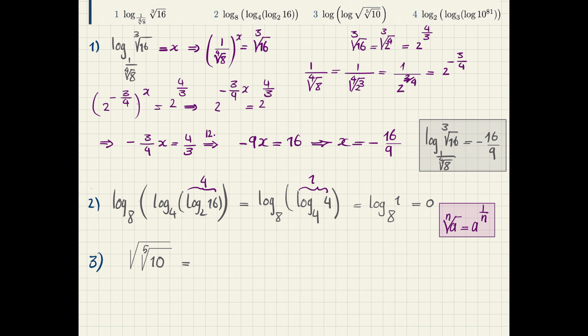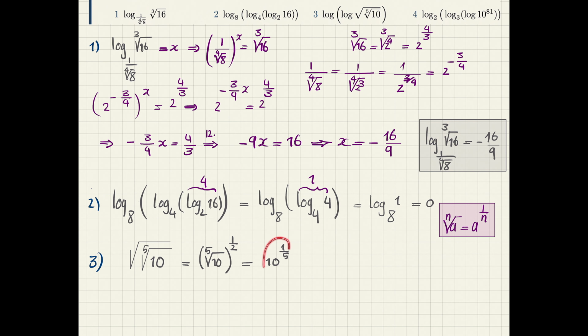So this becomes the fifth root of 10, to the power of 1/2, whole package, yes? But then the fifth root of 10, according to the same formula, has another name. You can write it as 10 to the power of 1 over 5.